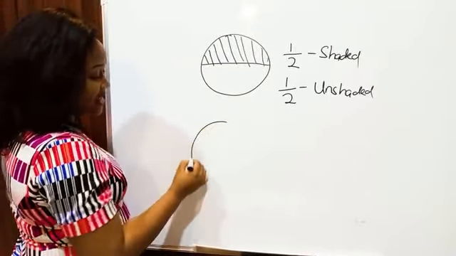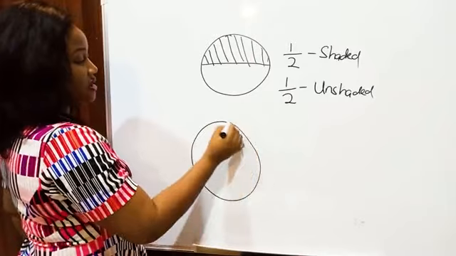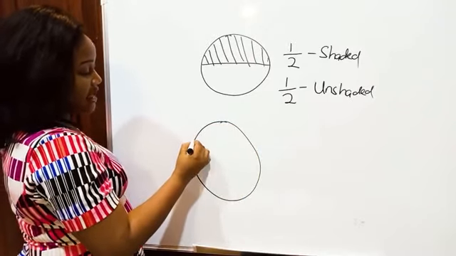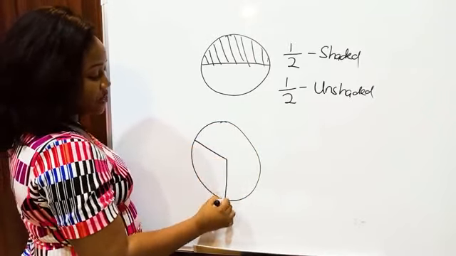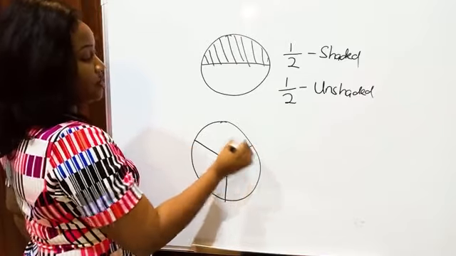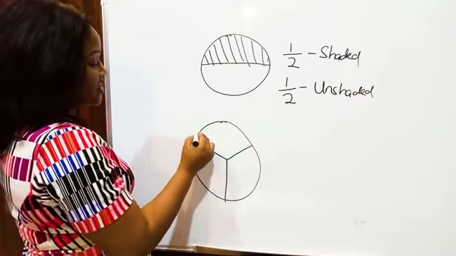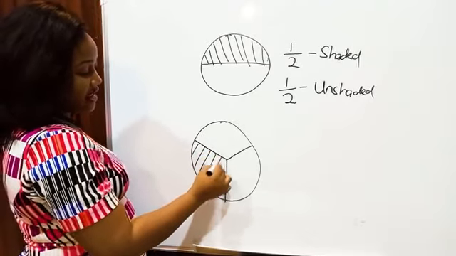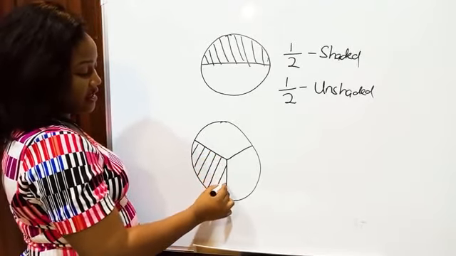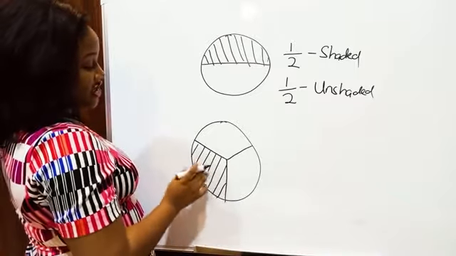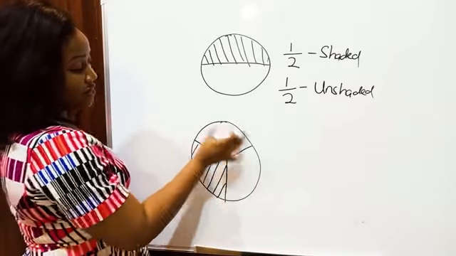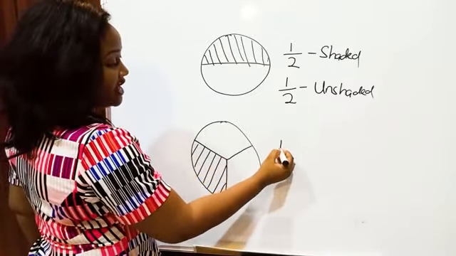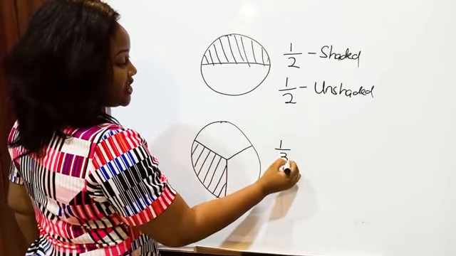Let's take another example. Let's say another circle, and this time it is divided into three equal parts, and we shade a portion. This shaded portion is 1 out of 3, so we have 1 over 3.